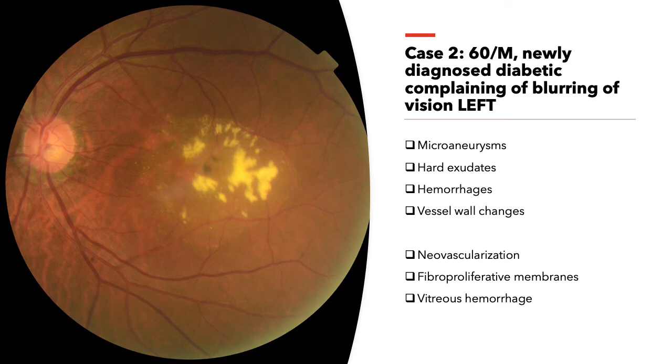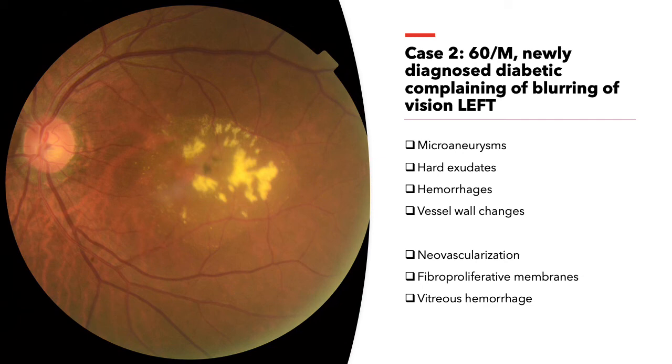Okay, let's go to the second case, a 60-year-old newly diagnosed diabetic who came in for blurring of vision of the left eye. So you can check which lesions are present. Look at the list. What you see there in the middle is actually a clump of hard exudates.